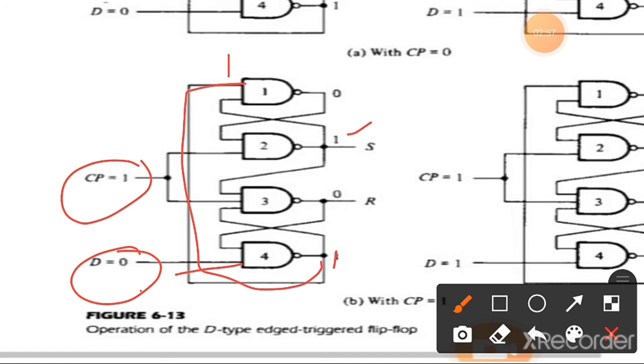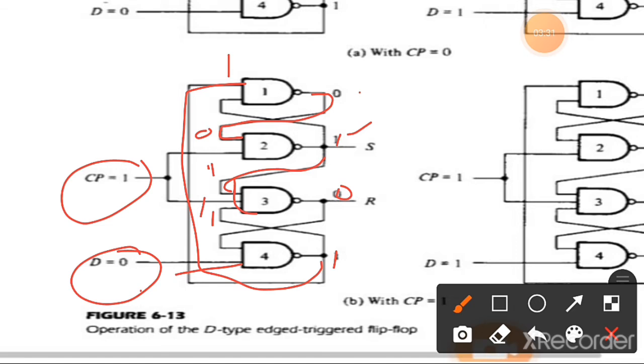And when Cp is equal to 1, we are checking the previous value. Here it is 0, so any one of the inputs is 0, the output becomes 1, and this 1 comes here, and the Cp becomes 1 here, so all the inputs of gate 3 become 1, then the output will be 0.